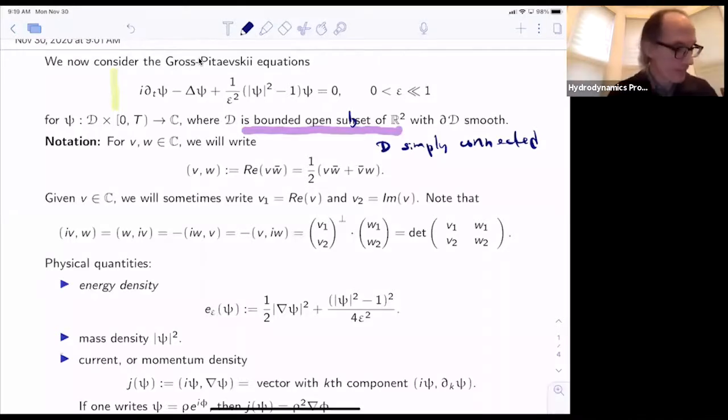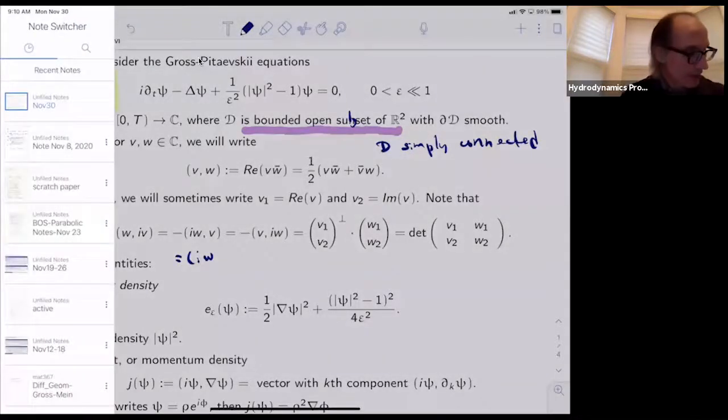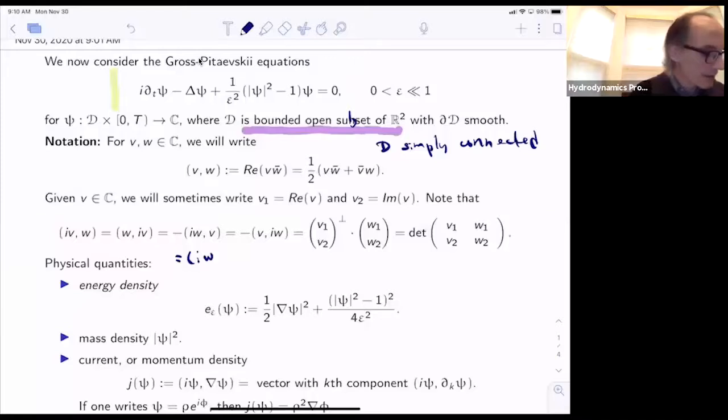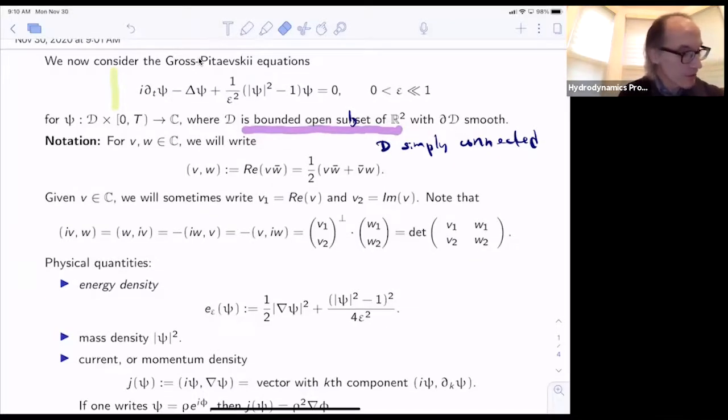If I, so this is the same as, well, let's say, I don't need to belabor this, but if I multiply both the first and the second thing by i, I've rotated both of them by 90 degrees, which doesn't change the inner product, and I get the inner product of iW with minus V. Okay, so that's clear.